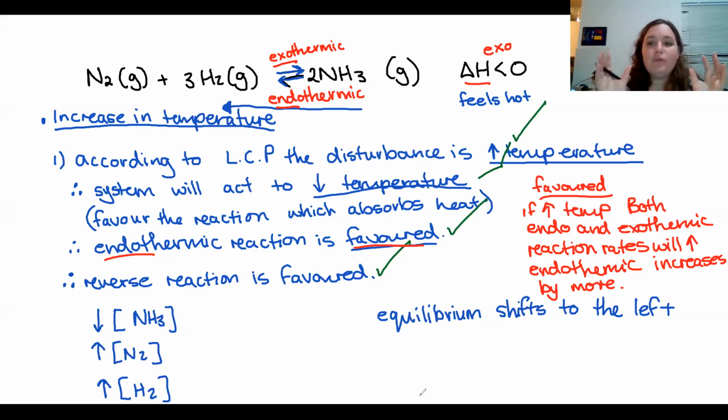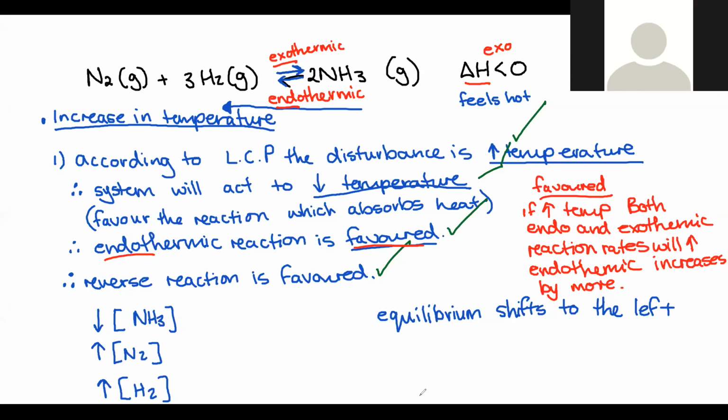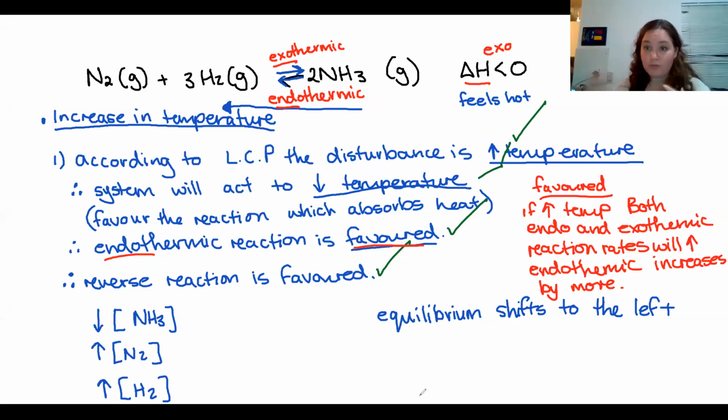Okay, so I'm just going to quickly recap one more time. If the disturbance is an increase in temperature, the system will want to decrease the temperature. To decrease the temperature, you need a reaction which absorbs heat so that the temperature goes down. If the temperature goes down, then we'll have removed the disturbance.